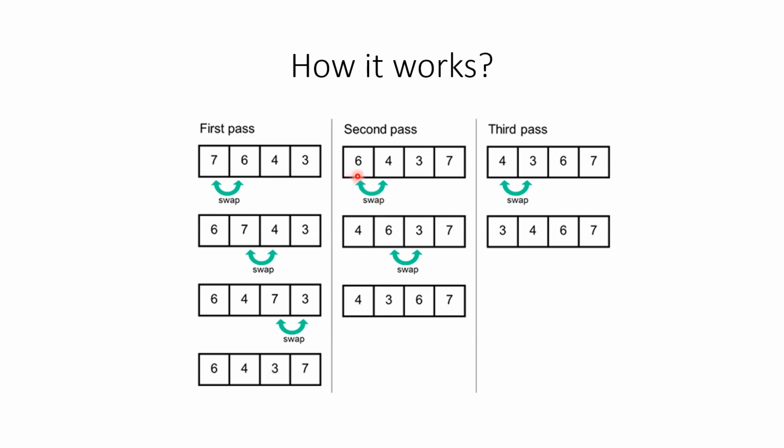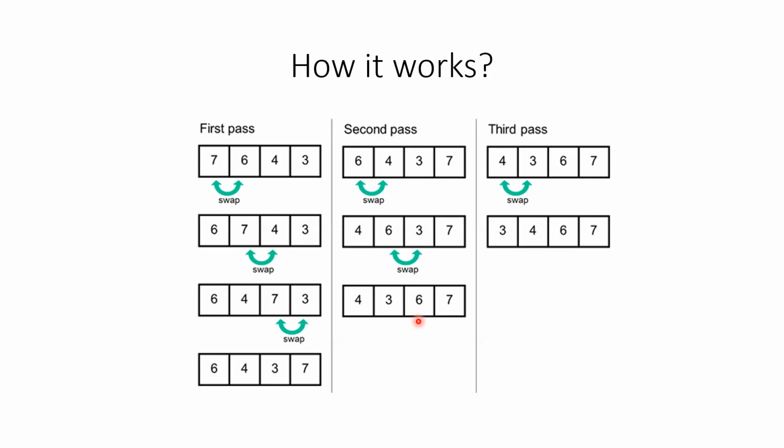Let's go to the second pass. 6437. Whatever we are left with in the array from the first pass, we take it in the second pass. Compare 6 and 4. They are not in order, swap. Compare 6 and 3. Not in order, swap. One more thing to observe here is that you need not compare 6 and 7 because 7 is already in its position.